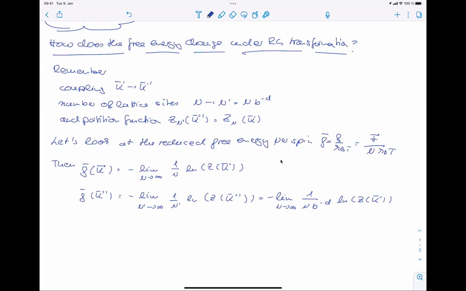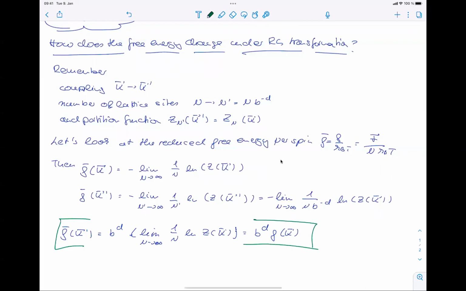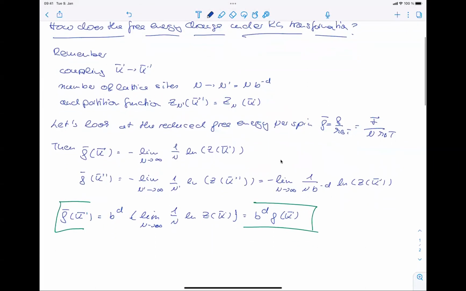So we can write the transformed state as f bar of K prime is equal to b to the d of f bar of K. And so what we did here is, by merely applying the renormalization group transformation, we extracted a scaling transformation that applies to the free energy.